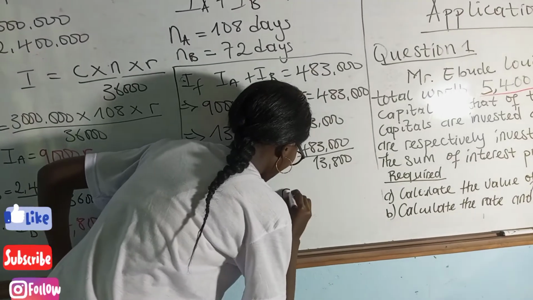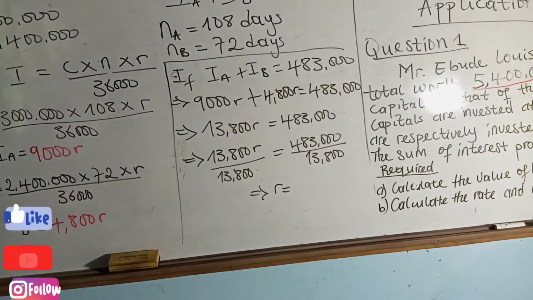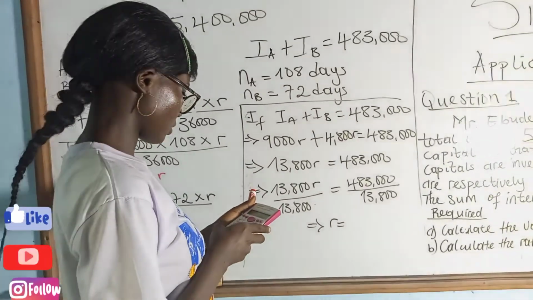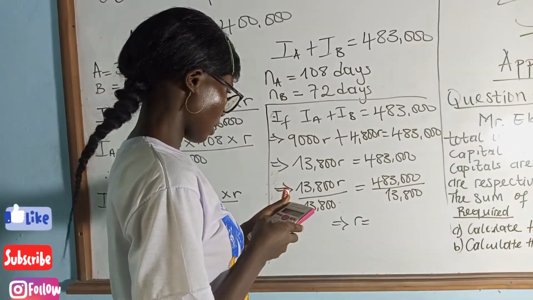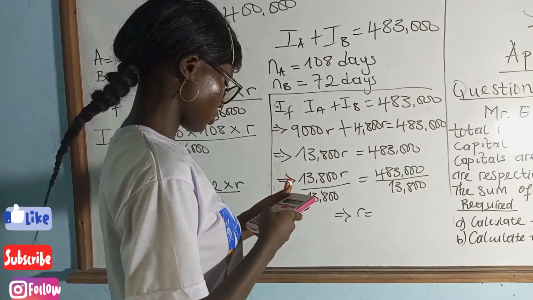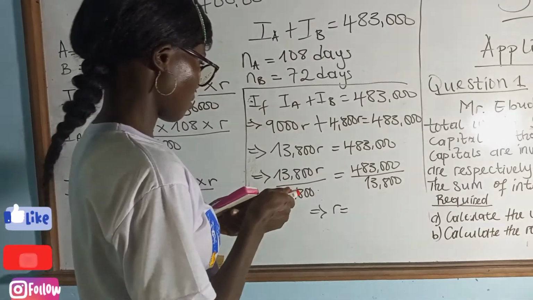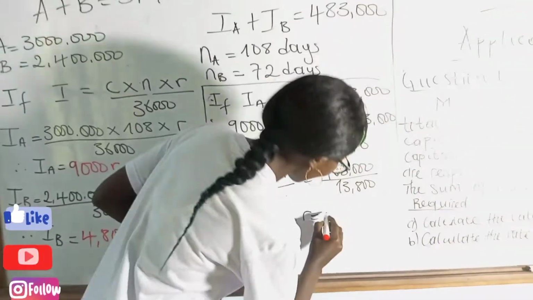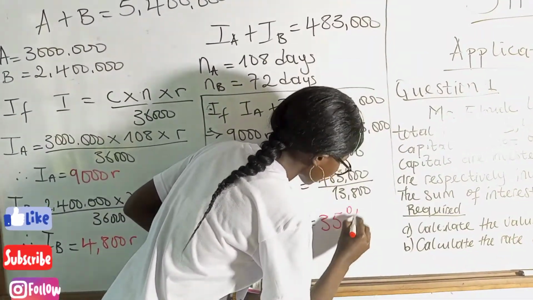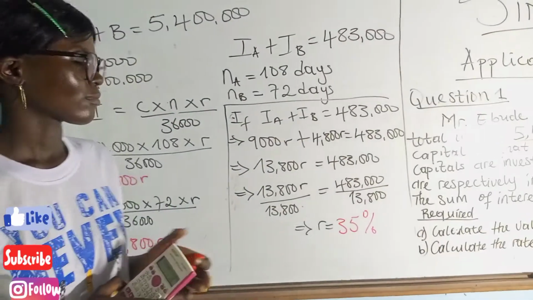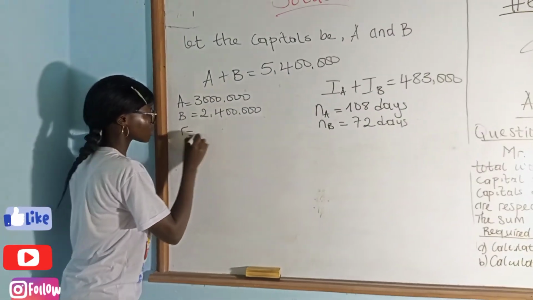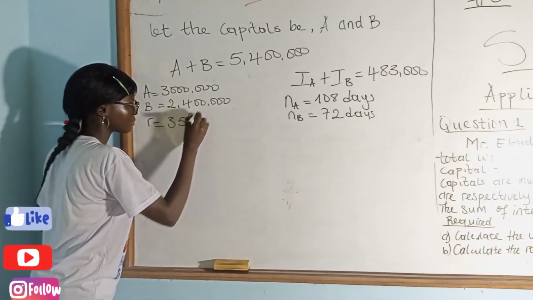So R is equal to, let us calculate, 483,000 divided by 13,800. R is equal to 35%. Okay, we have our rate. Our interest rate was 35%.